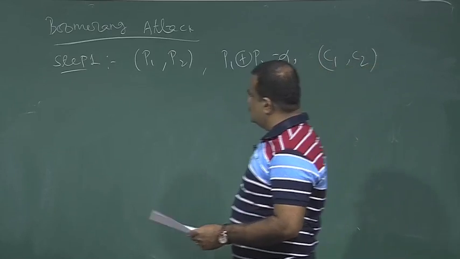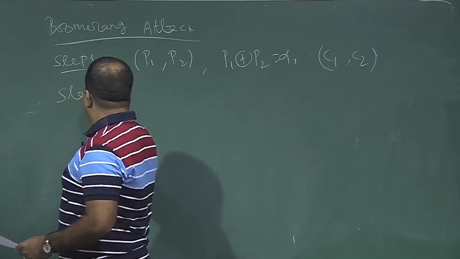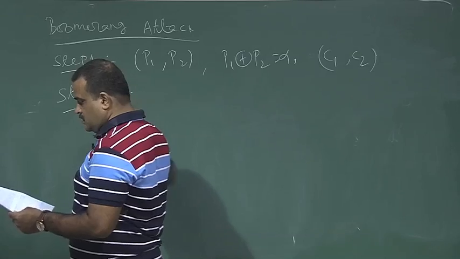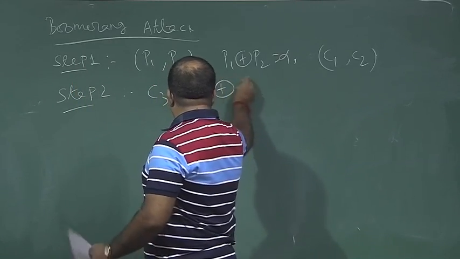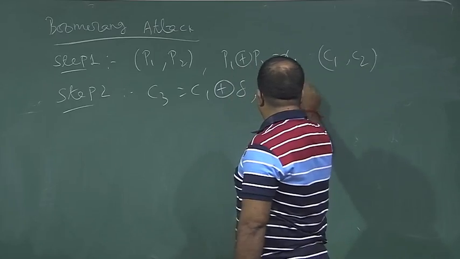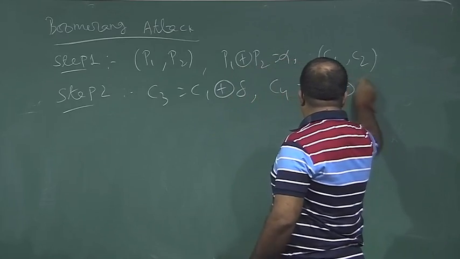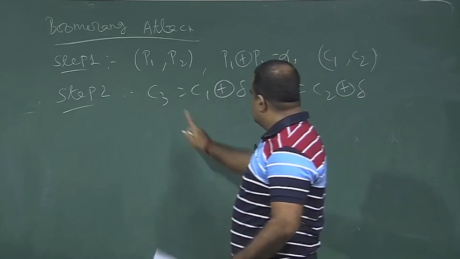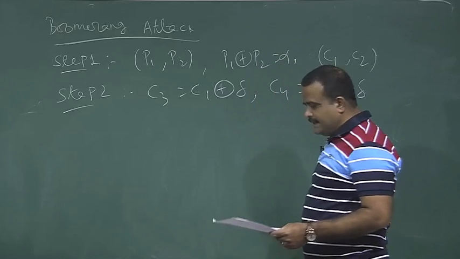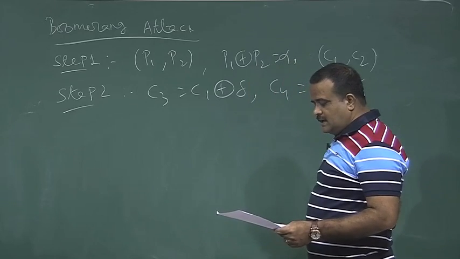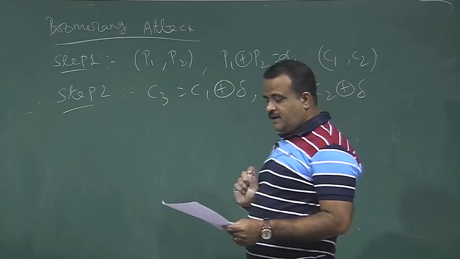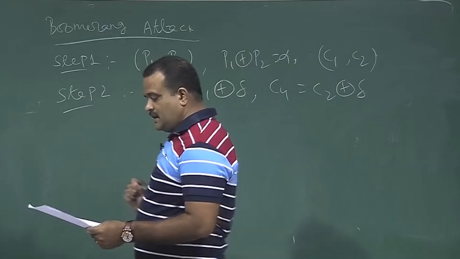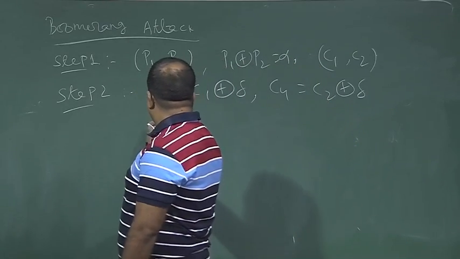So, this is step 1. Step 2 is we choose C3, which is C1 XOR delta, and C4, which is C2 XOR delta. So, that means C1, C3 have difference delta and C2, C4 have difference delta.